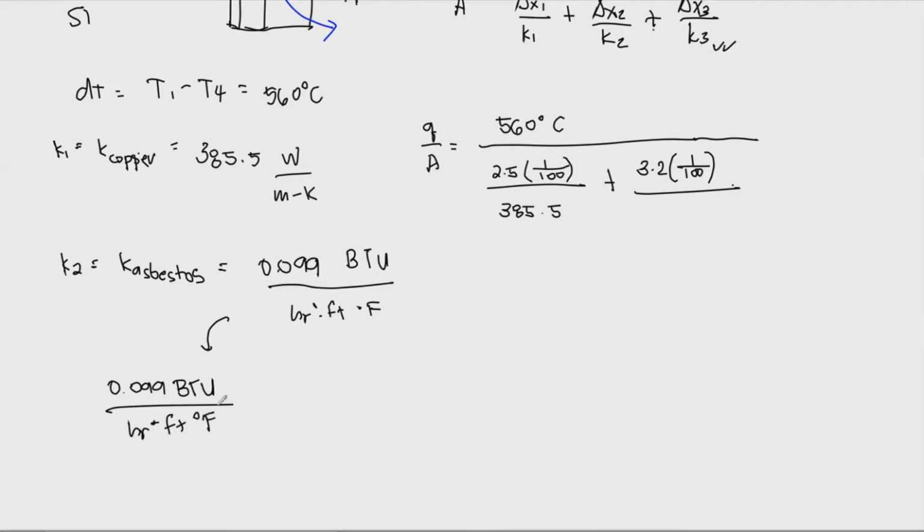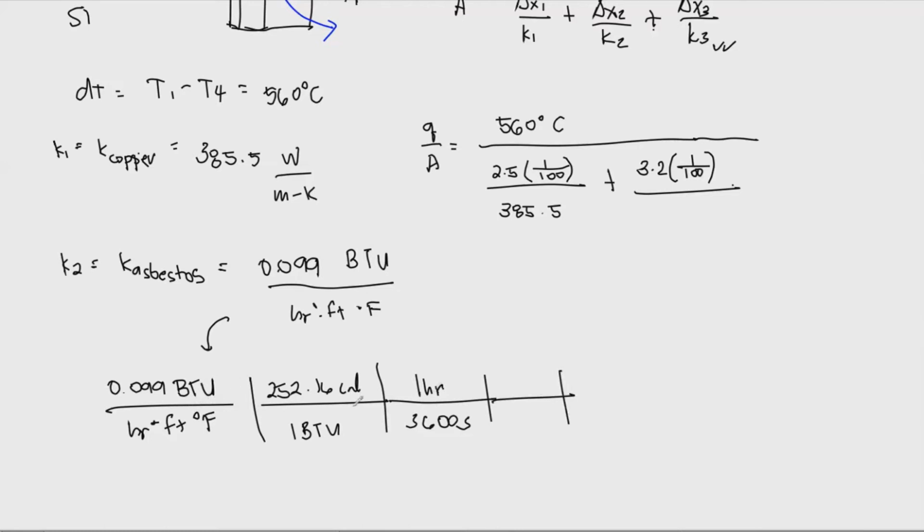3 degrees Fahrenheit. So let's convert this one first. If we have 1 British thermal unit, that is around 252.16 calories. And then 1 hour, since a watt is joule per second, we need to convert this hour into seconds, which is 3,600 seconds.